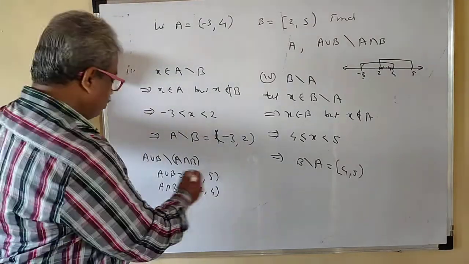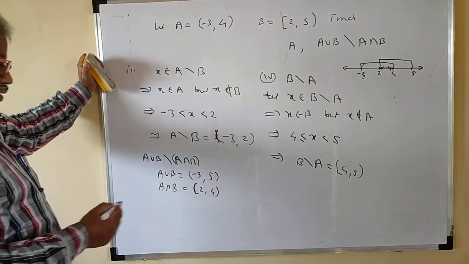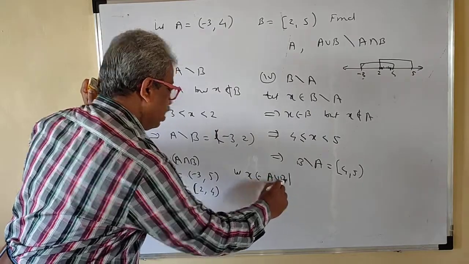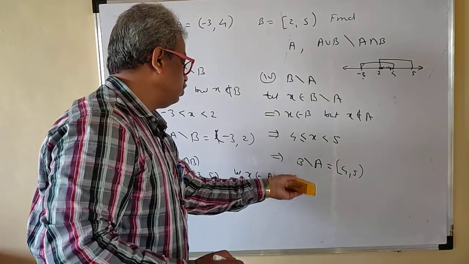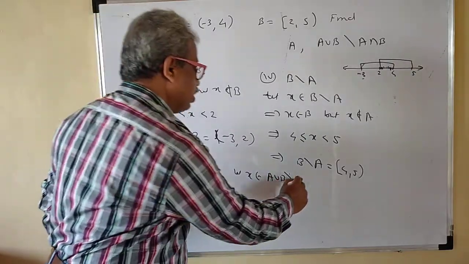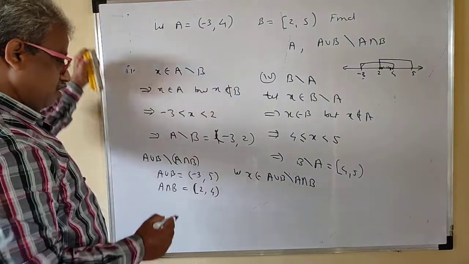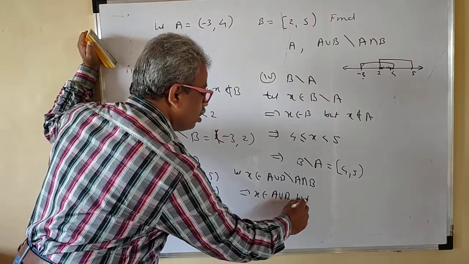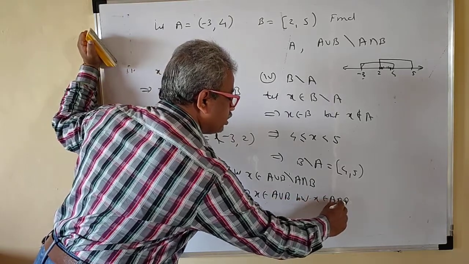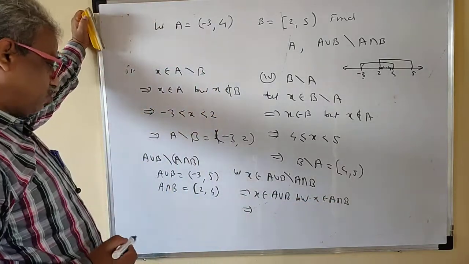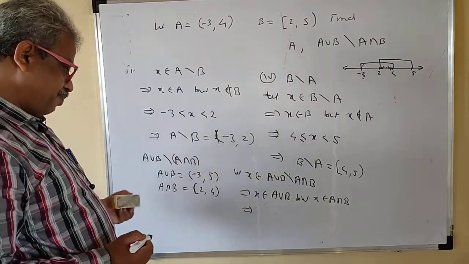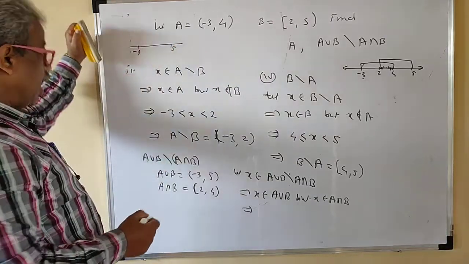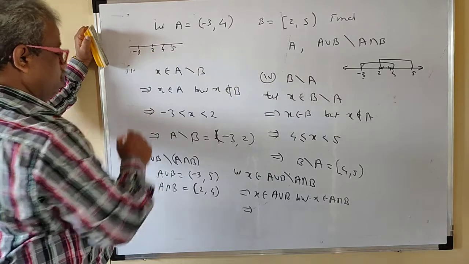Okay. So now you want A union B minus A intersection B. So let x belong to A union B minus A intersection B. What does this imply? x belongs to A union B, but x does not belong to A intersection B. So A union B is minus 3 to 5, all are there, and 2 to 4, this is your 2, this is your 4, right?